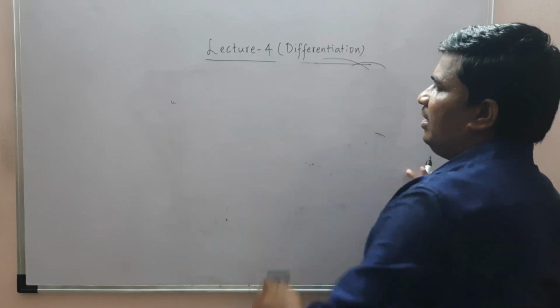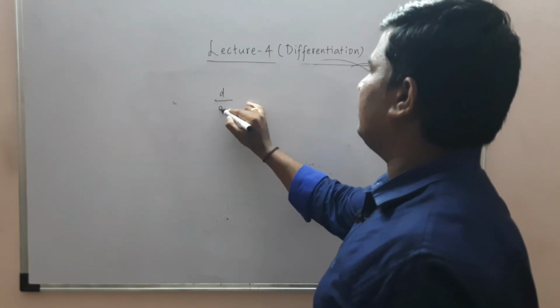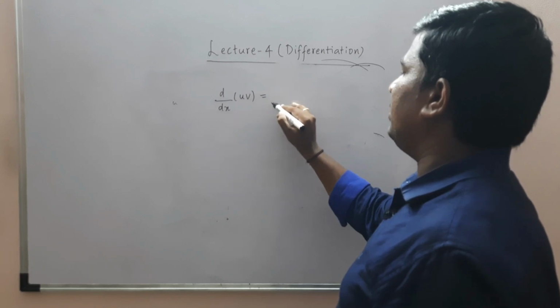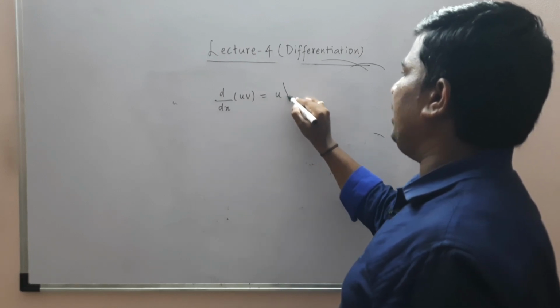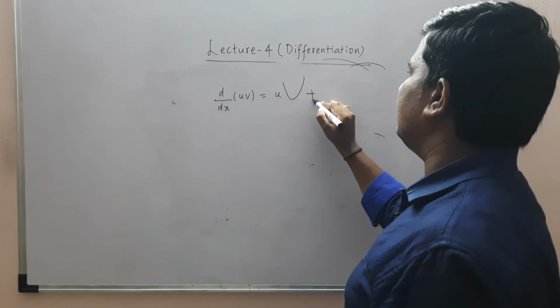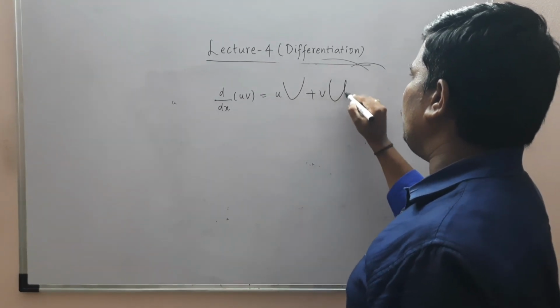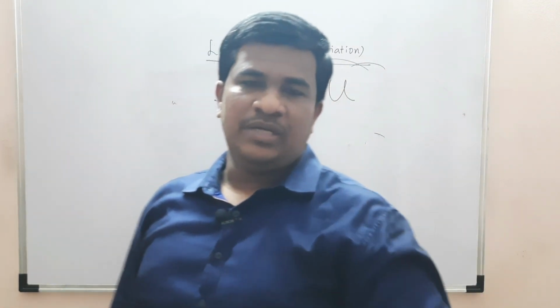So when I have d by dx of uv, you remember that it is uv plus vu.